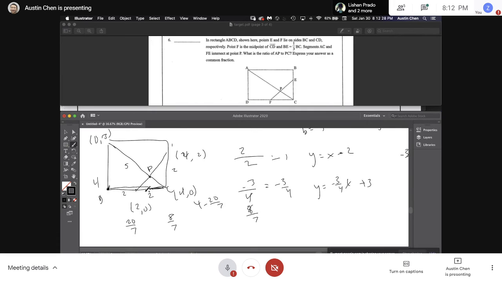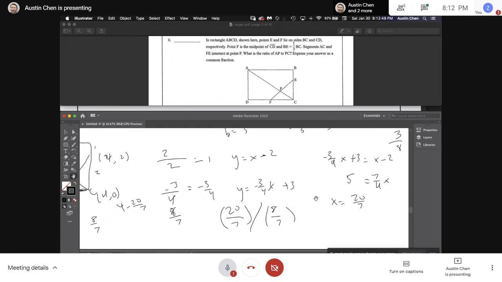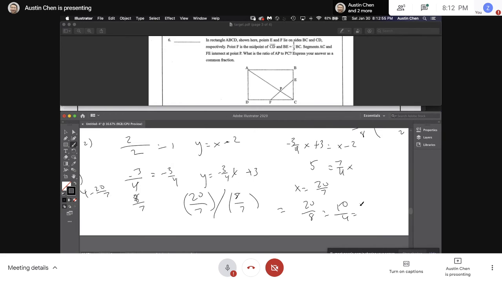And again, you can find the ratio of the length of AP to PC with the ratio of the length of their x segments, right? So then their ratio is just going to be 20/7 over 8/7, which is 20 over 8, which is 10 over 4, which is 5/2.